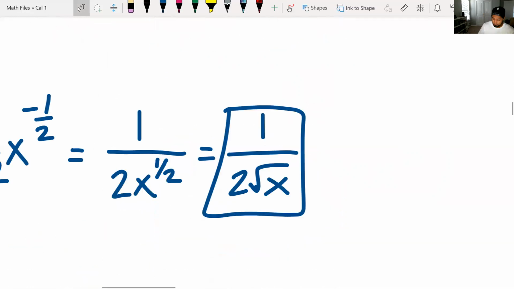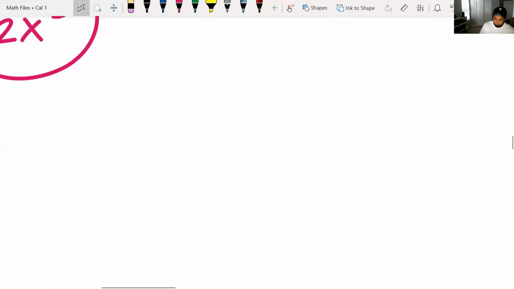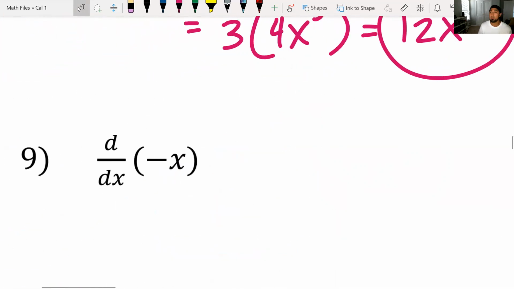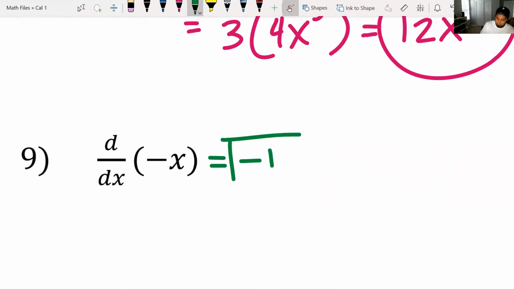Fast forward. So there we go. D over dx of negative x is just -1. That's it. And maybe the question now is, why is the derivative of x 1?